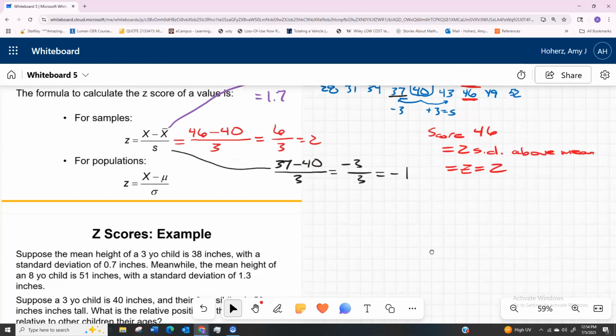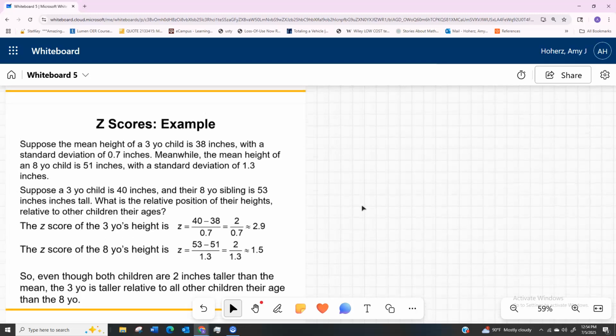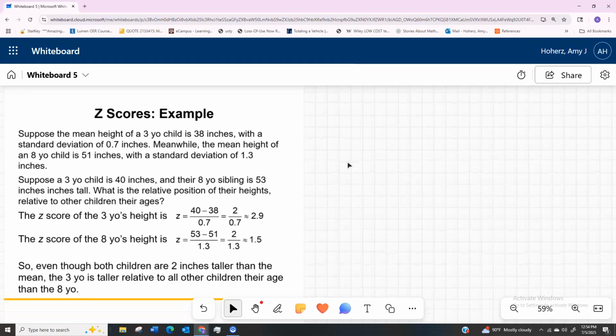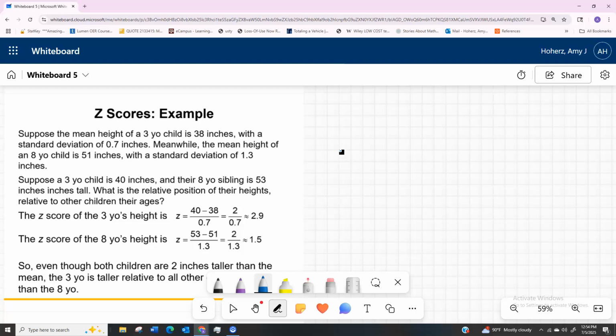So let's look at their examples. Okay, so in this case, it says, suppose the mean height of a 3-year-old child is 38 inches with a standard deviation of 0.7. So for now, you won't have to do this every time, but for now, I'm going to go ahead and make our number line so we can visualize what we're talking about here.